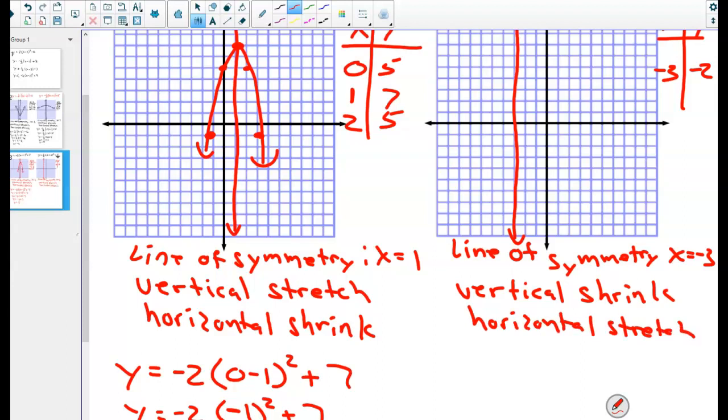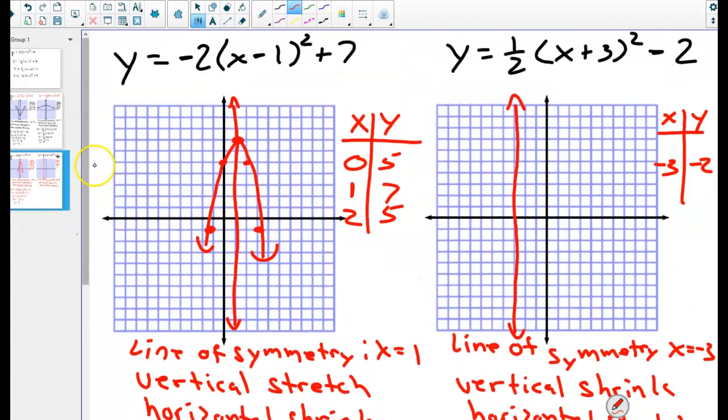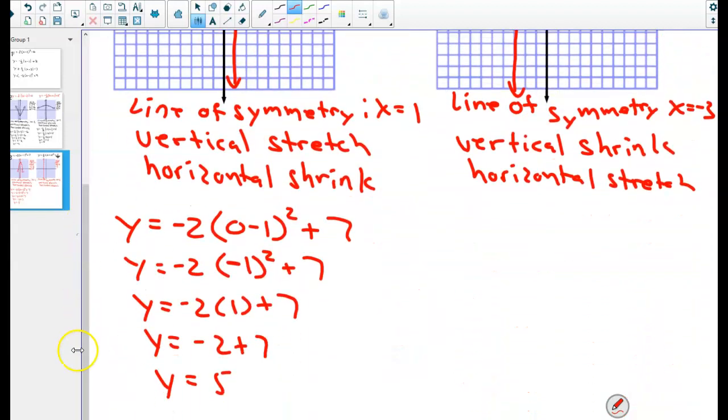Okay. Now, with that being said, my fraction's denominator is 2, so I'm going to count down by 2, I'm going to count up by 2. I'll put a negative 5 in there.